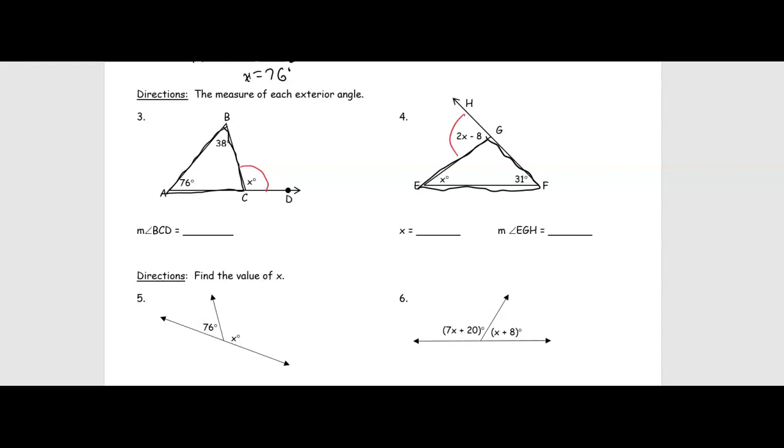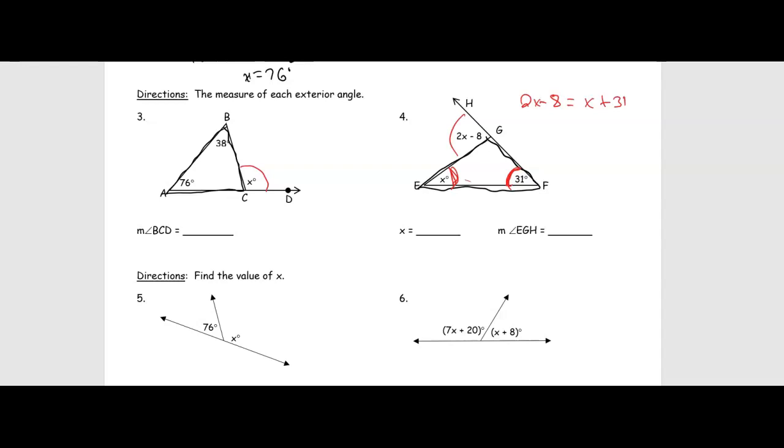This angle here is the outside of the triangle. And this exterior angle, 2x minus 8, is always equal to the sum of the opposite angles. So that would be this angle and this angle. So x plus 31, these two angles must equal that angle.